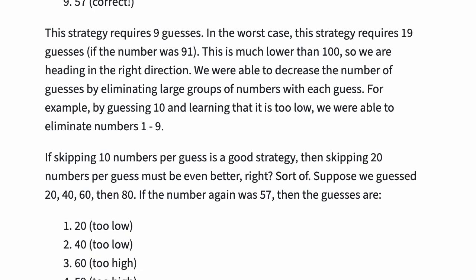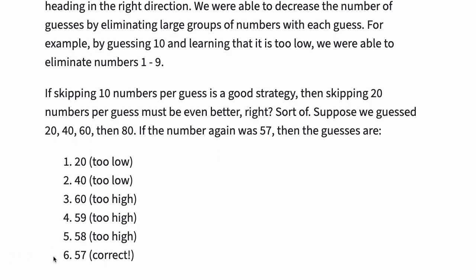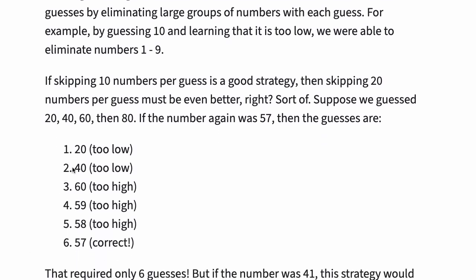Suppose we guessed 20, 40, 60, then 80. If the number again was 57, then the guesses are 20, 40, 60, 59, 58, 57. That required only 6 guesses. But if the number was 41, this strategy would require 22 guesses, which is worse than the worst case for the previous strategy.